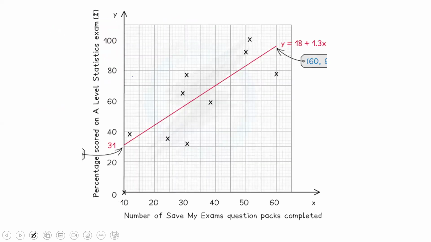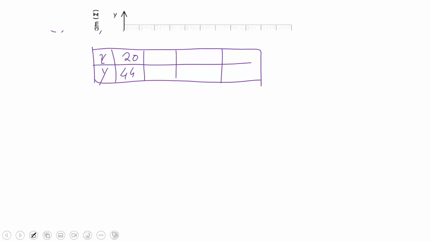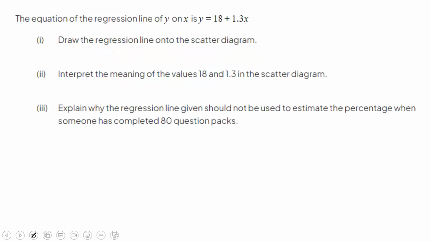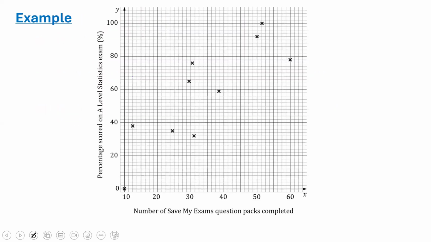Okay. Then take one more point which is fitting on the table also. Let's say 40.